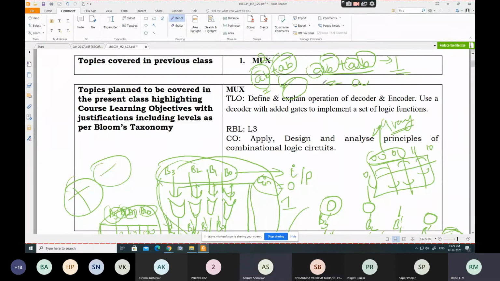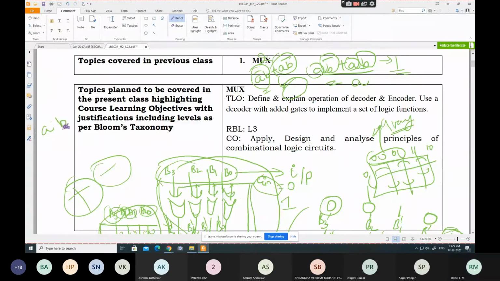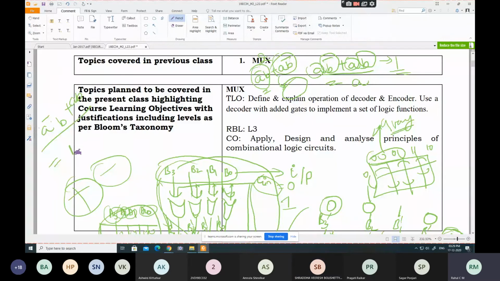I'll take one more expression. I have to again take the same combinations. So it is A bar B plus AB. What is the answer? You take B common. B into A plus B into A bar, which is 1.